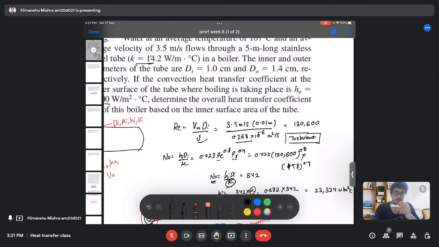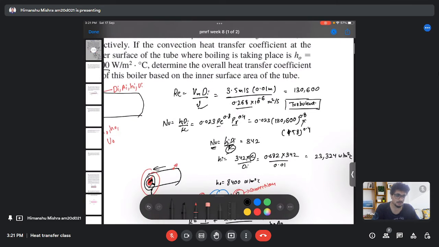To choose which correlation to use, you need to determine the nature of the flow, which can be laminar or turbulent. So we begin with determining the nature of the flow, and we found it was turbulent flow based on the Reynolds number. Then we use the turbulent correlation for the Nusselt number, and then we find the internal heat transfer coefficient.